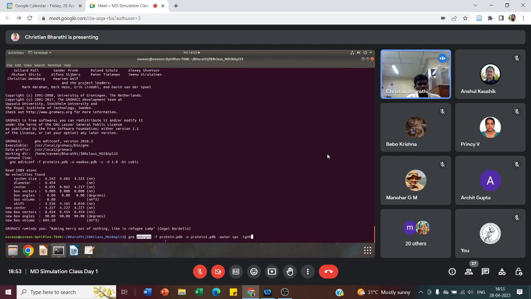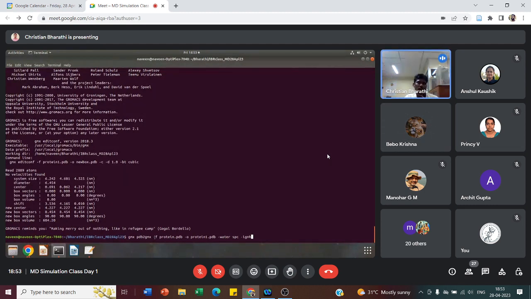This command is for changing the PDB structure into GROMACS input. It takes the protein PDB file. You mean GROMACS cannot take a PDB file, so we are converting it to the file form which GROMACS will take? Yes, that is what this command is for.